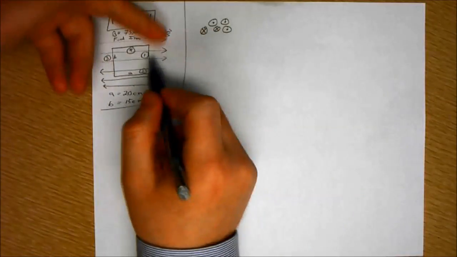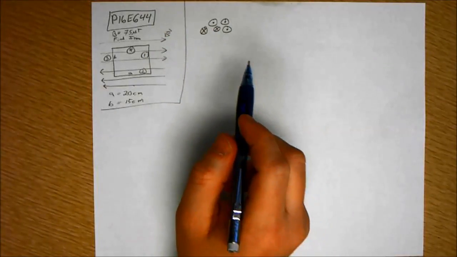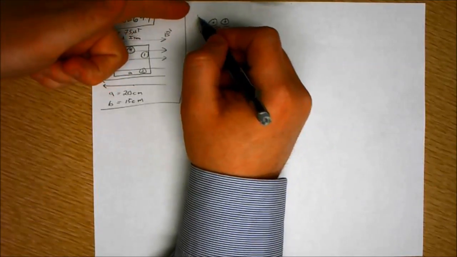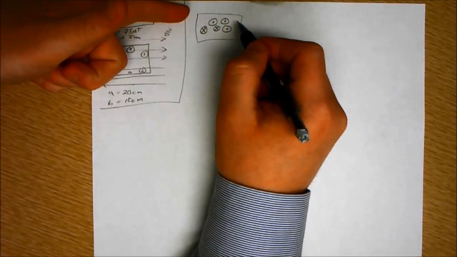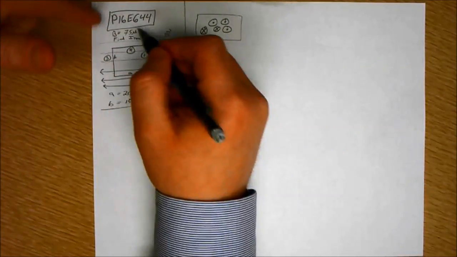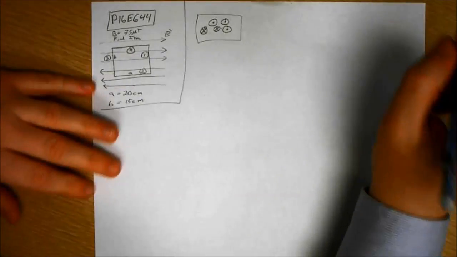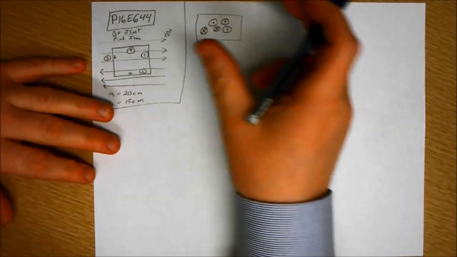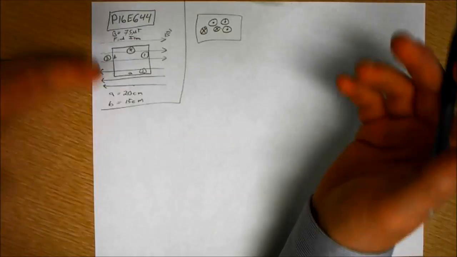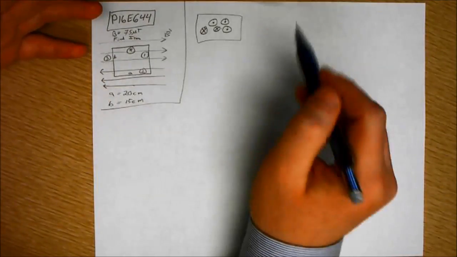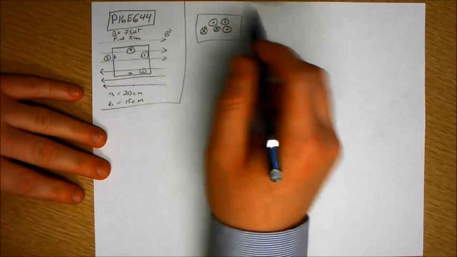This is not necessarily going to match this field, but if you wanted to find the total current of all this stuff, you could put a loop around it, use Ampere's law, and from the magnetic field, you could find the current inside there. For example, those clamps that measure the current through a wire by clamping around it are doing basically the same thing. It's measuring the field at all points around it, and then back calculating the current.